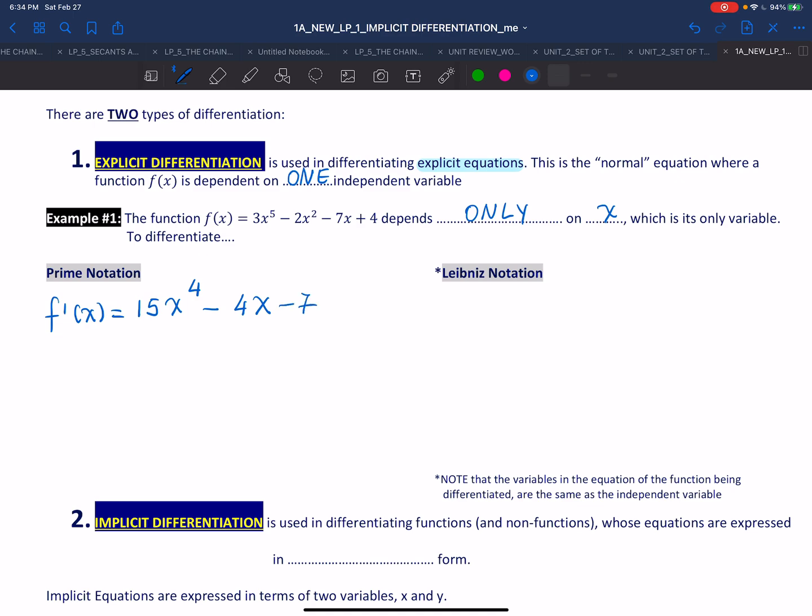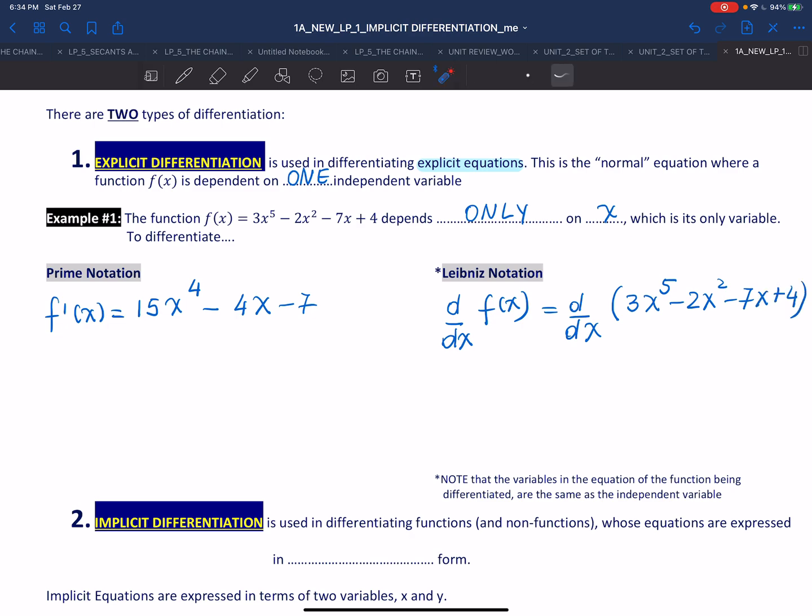In Leibniz notation, we'll say that d/dx of the function f of x, so the derivative of f of x, equals d/dx of 3x to the power of 5 minus 2x squared minus 7x plus 4.